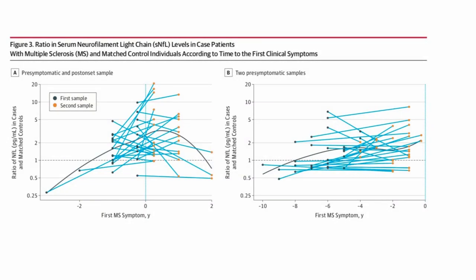Okay. Now, this morning's session was also very interesting in that someone presented on whether serum neurofilament can actually predict the diagnosis of MS. What they found was that a rise in neurofilament at time 0, the first MS symptoms, in fact pinpoints the actual onset of MS. And if you take it out as far as, on average, a majority of them, minus 8 years, you were seeing a similar rising trend leading up to the point of diagnosis.